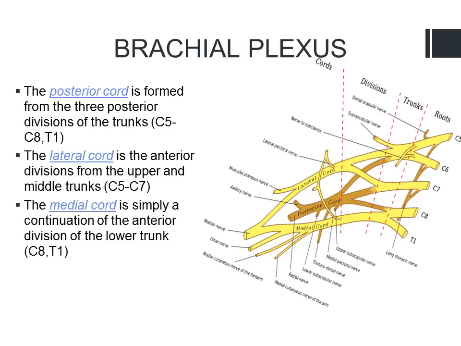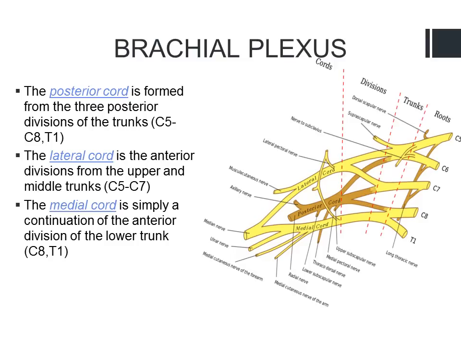Those anterior and posterior divisions then recombine into cords, and one of which is the posterior cord, which lies posterior to the axillary artery. That is formed from the 3 posterior divisions of each of the trunks. Those all combine to form the posterior cord.